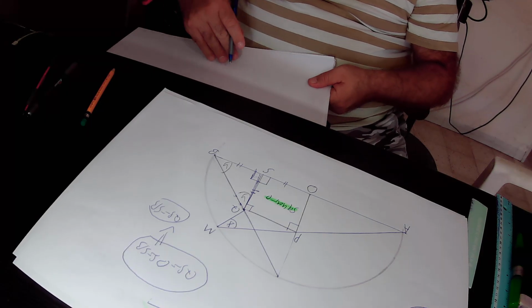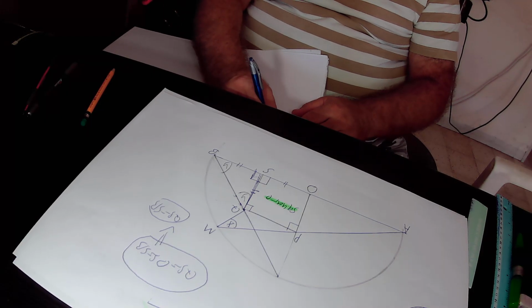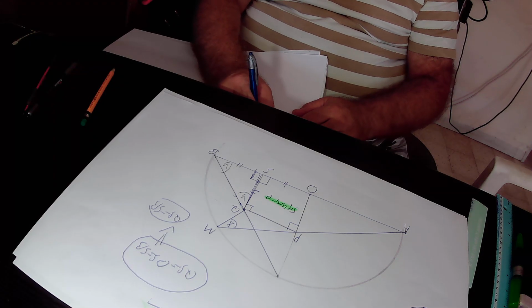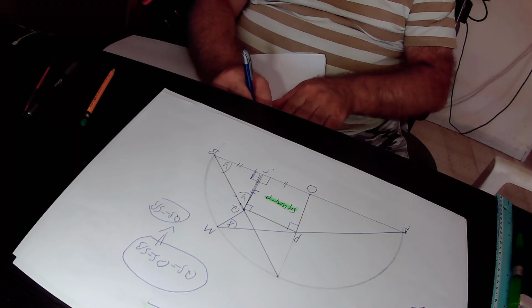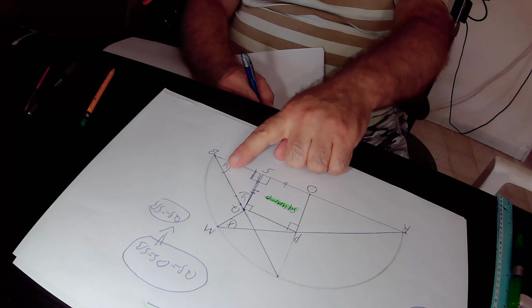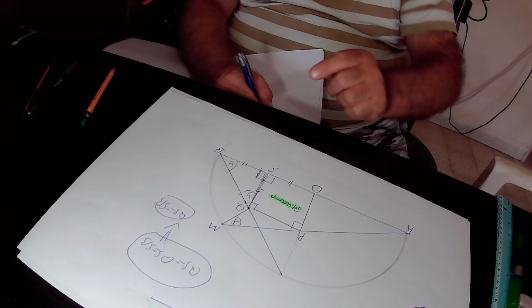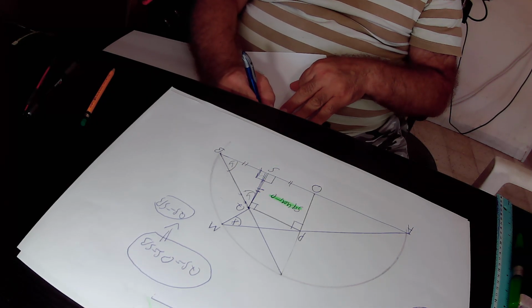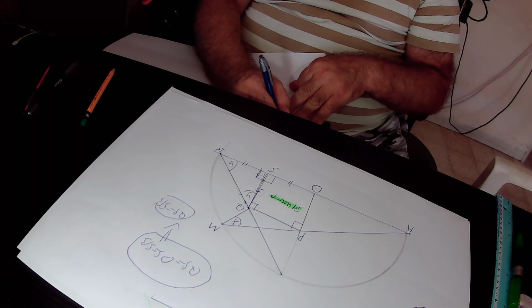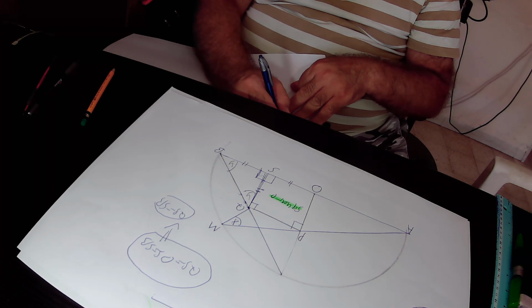In the right triangle QSB, we have y plus y plus 90 degrees. In total, they must be equal to 180 degrees, according to the rule that the sum of the angles in any triangle is equal to 180 degrees.